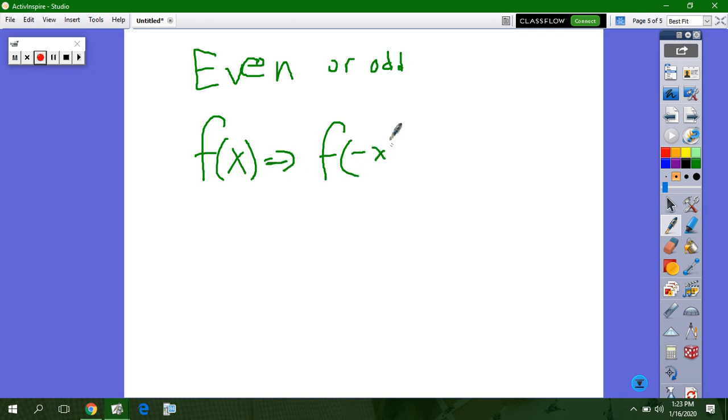And if it comes directly out as the same function, it's called an even function. So you start with your function, you replace the x with negative x, and if it comes directly back to the same function, it would be an even function.